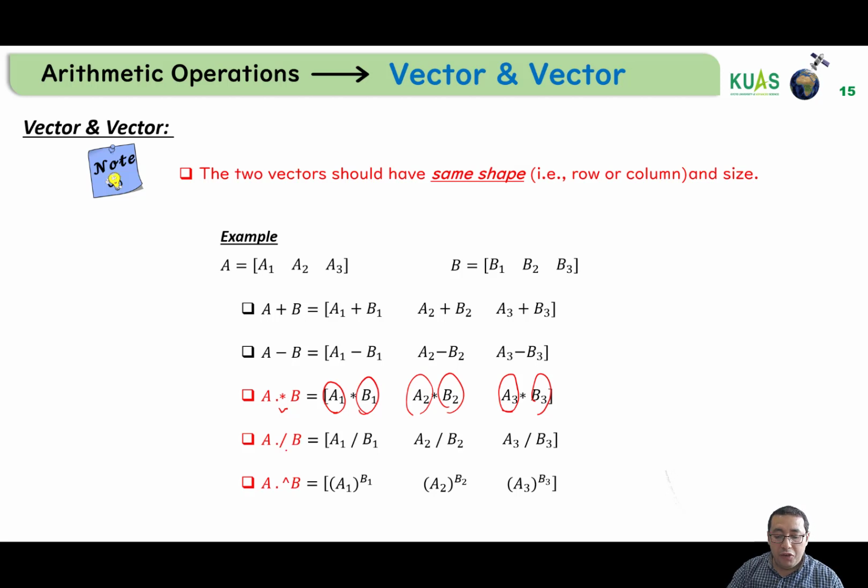And for the division, we use A dot divided by B, so it will be A1 divided by B1, A2 divided by B2, A3 divided by B3. In the case of the power, A dot to the power B, it will be A1 to the power B1, A2 to the power B2, A3 to the power B3.